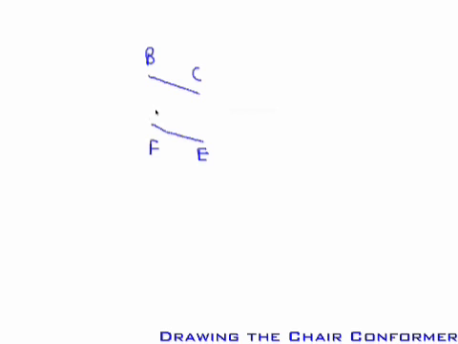Next, you're going to draw a line AB parallel to DE. So point A is going to attach to B. And it's going to be parallel to DE.